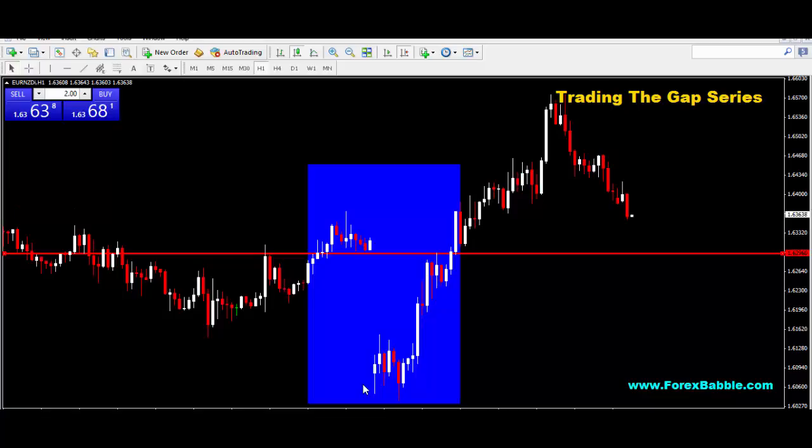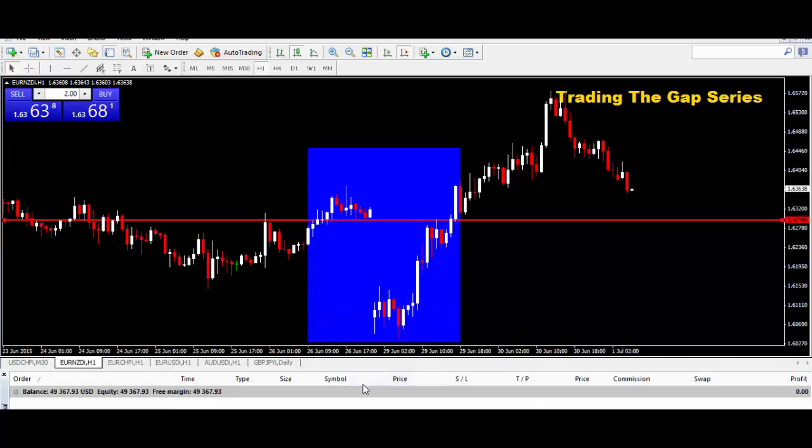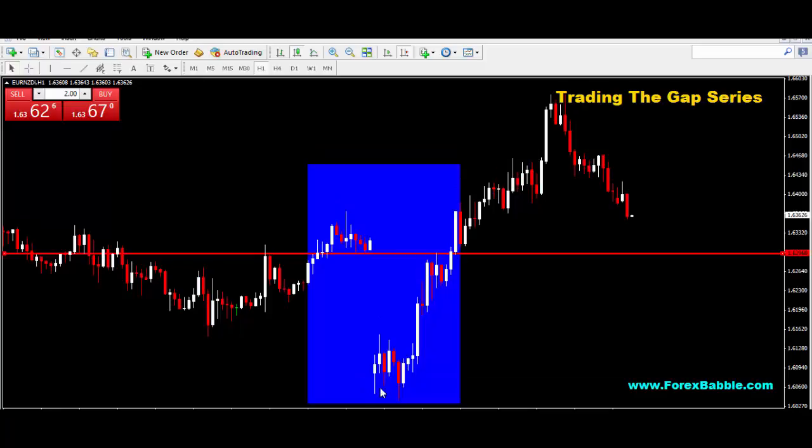You don't want to overtrade yourself. Definitely make sure you're trading at the right volume, because it could possibly go against you before closing the gap.